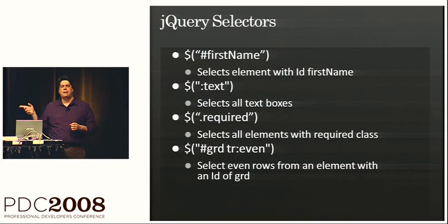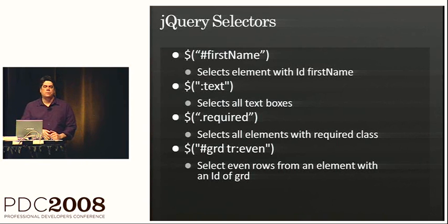What it does is automatically pull out every input element of type text. That's not really part of the CSS standard, but it's like CSS where jQuery has extended what you can do. The third example, the dot required, should look very much like a standard CSS class. Again, it's just a selector in jQuery that works the same way as in CSS.